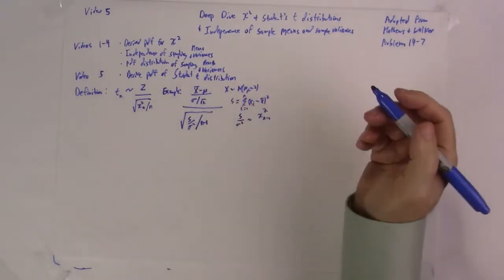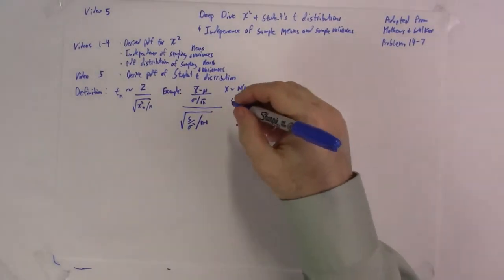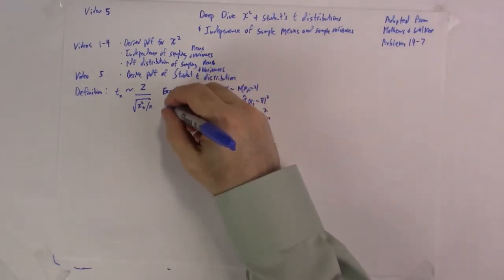So we're dividing by n minus 1. So this whole thing should be distributed as t with n minus 1 degrees of freedom.